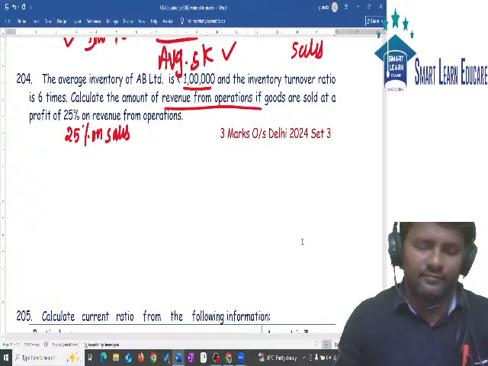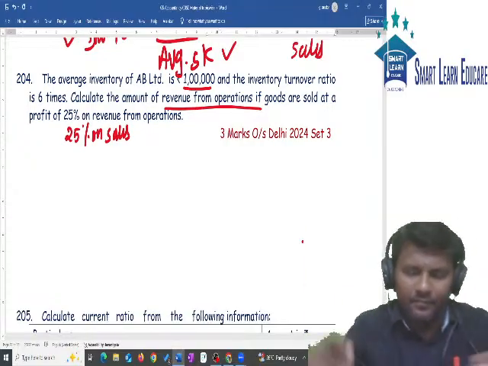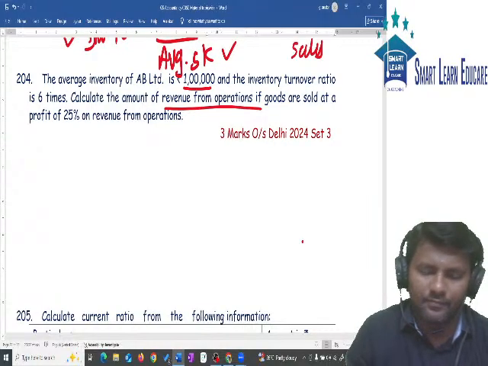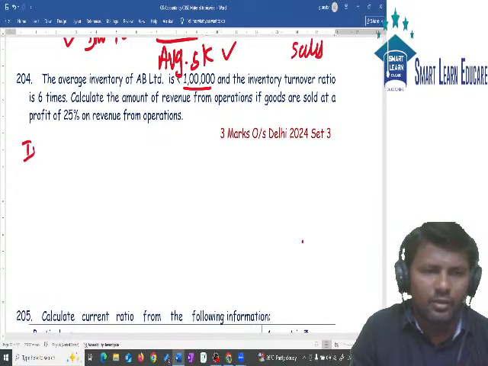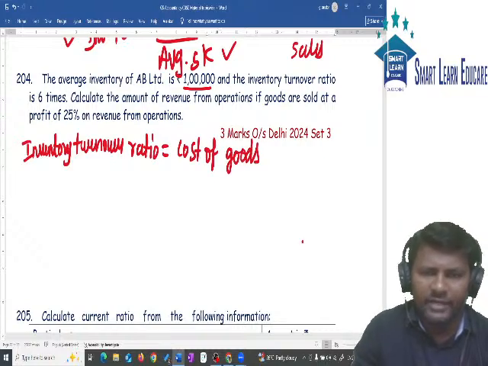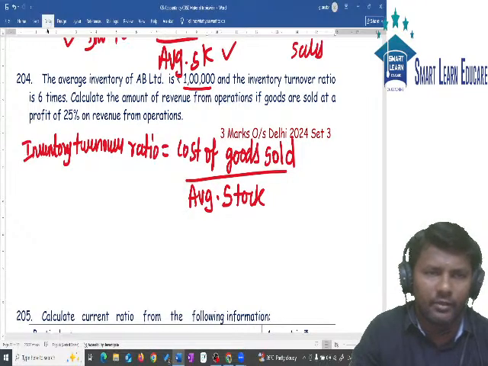Have you completed this? So the formula for it is inventory turnover ratio is equal to cost of goods sold, or cost of revenue from operation, divided by average stock.